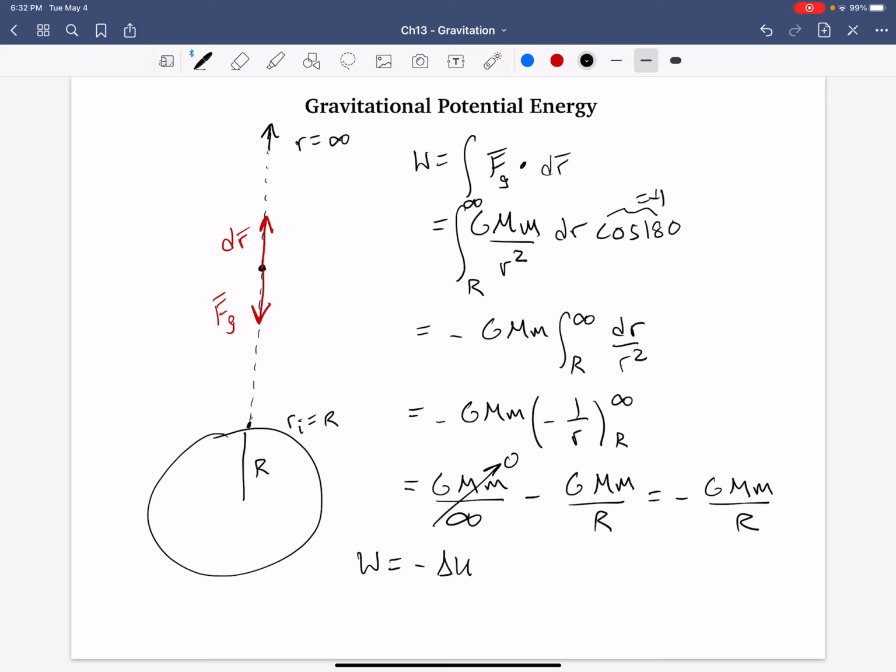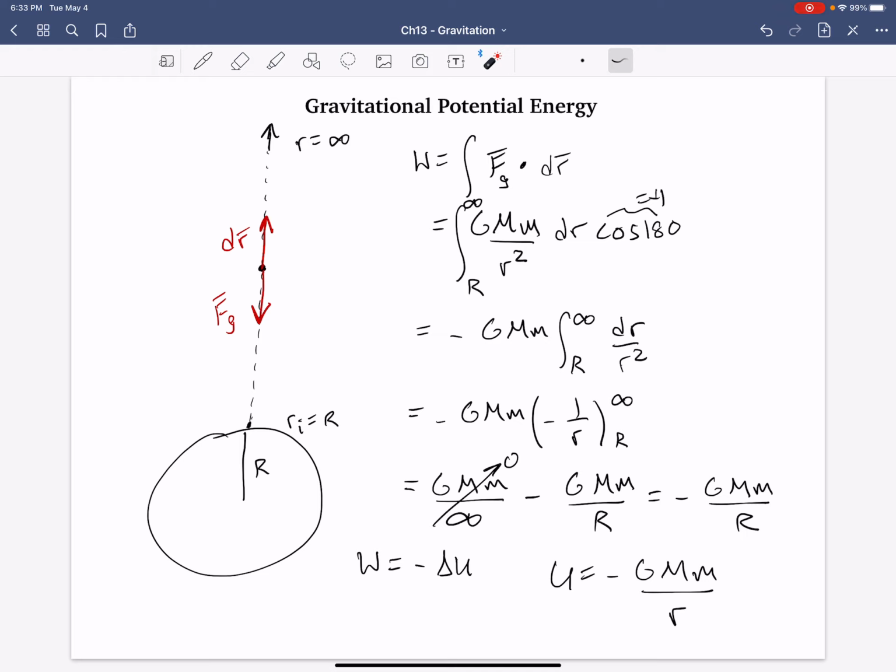The flip side of that, when this satellite reaches an infinite distance away, let me go ahead and write the general case. So U is minus Gmm over just a general R, right? When R is infinity, this whole potential energy is 0.